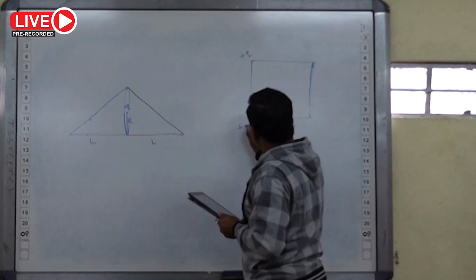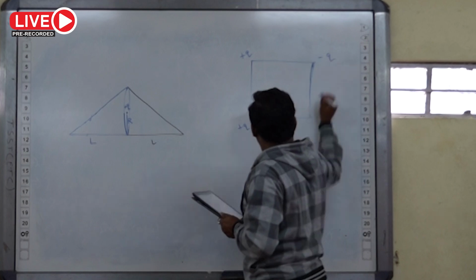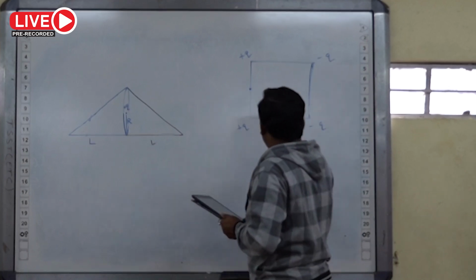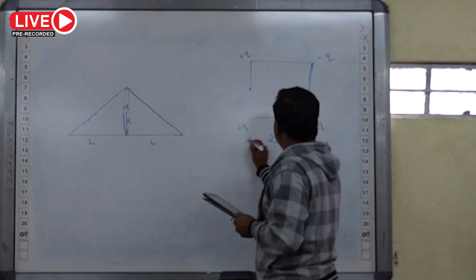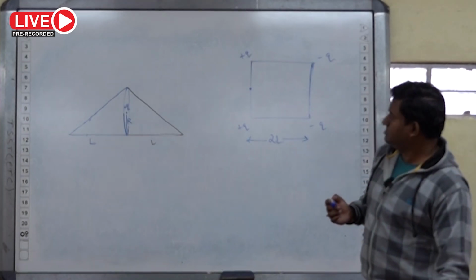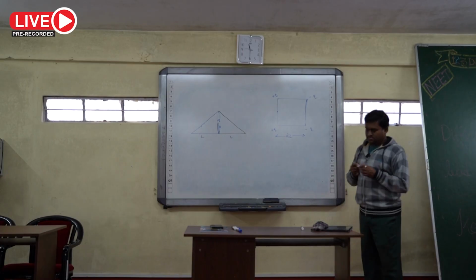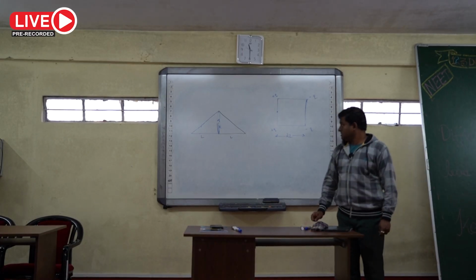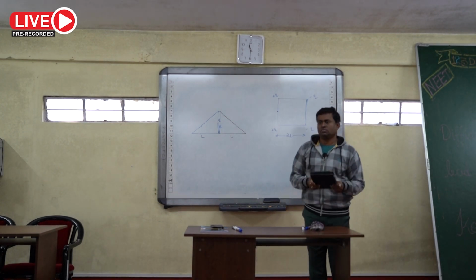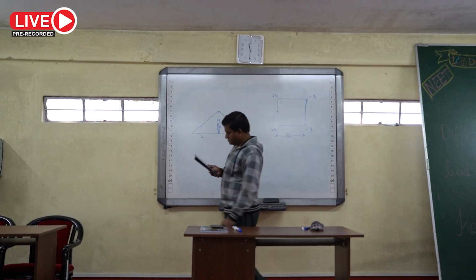Plus Q, minus Q, minus Q. You have to find the potential at this point. Length is given 2L. At this point you have to find the potential for this configuration.